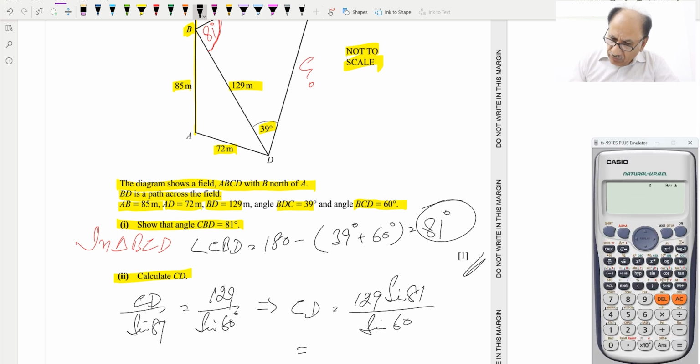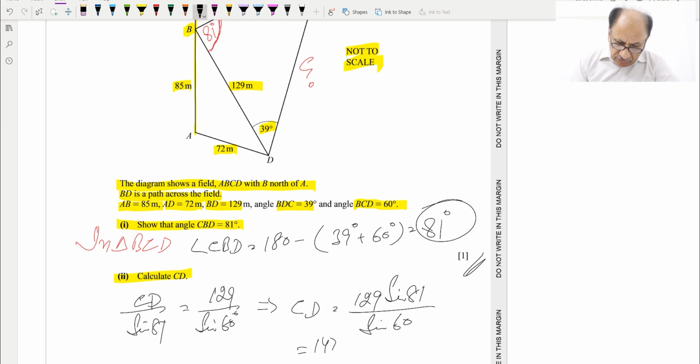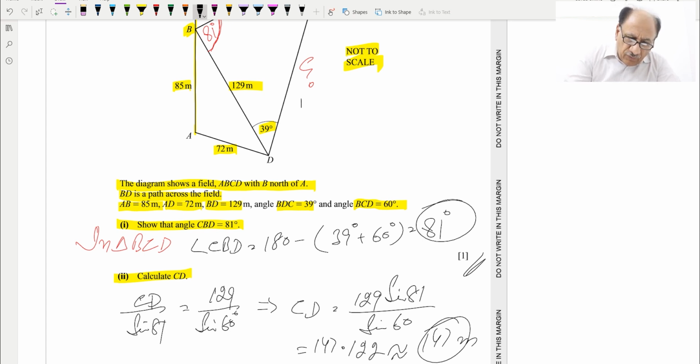This value will be 129 sine of 81 over sine of 60, and this will be equal to 147.122, or approximately we can write 147 meters.